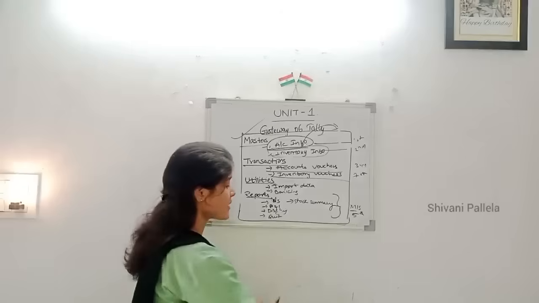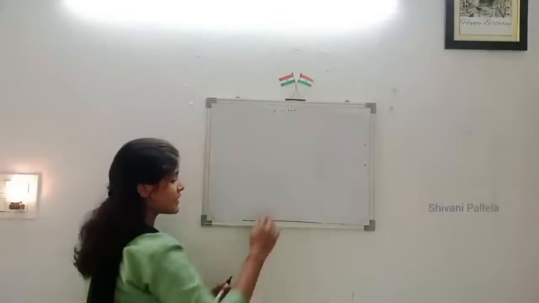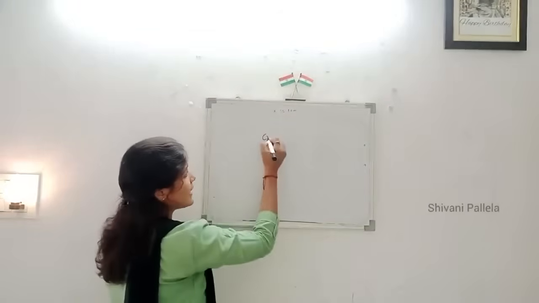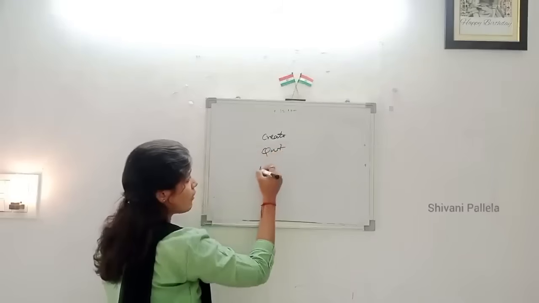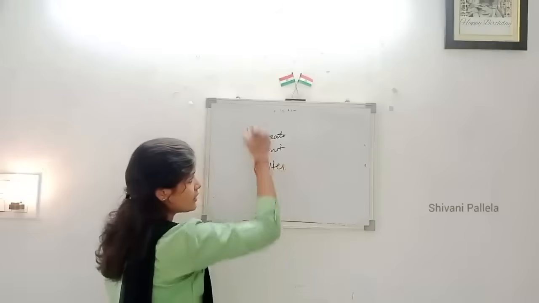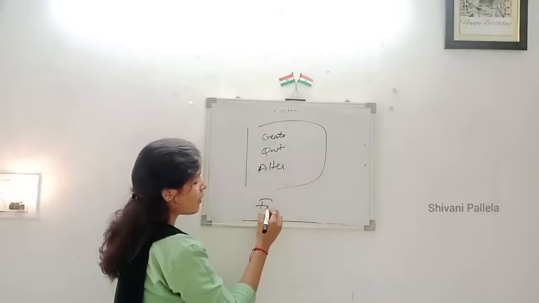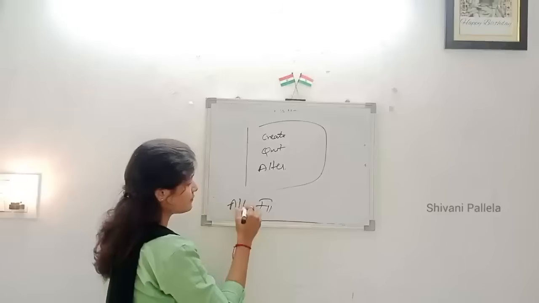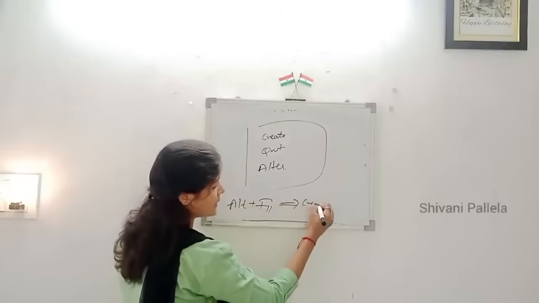There you will find the screen like this. After clicking Alt plus F3, you will see create company, quit company, alter company. Somewhat here you will find some display. After clicking Alt plus F11, Alt plus F11 is to create a company.